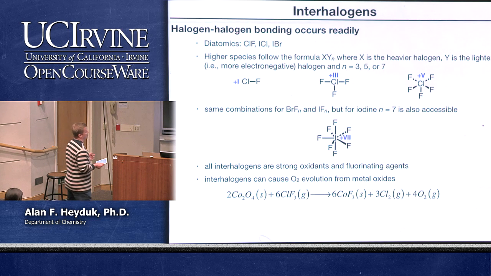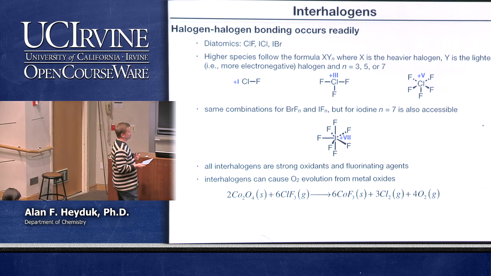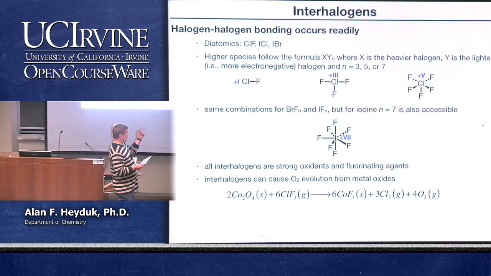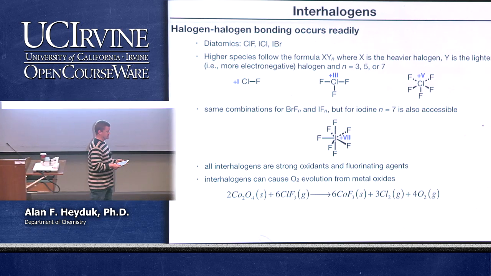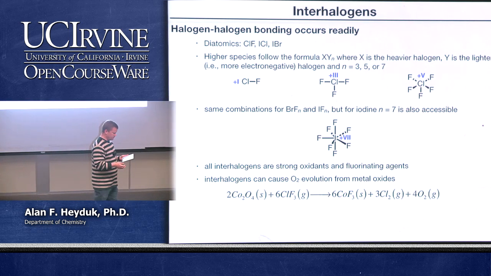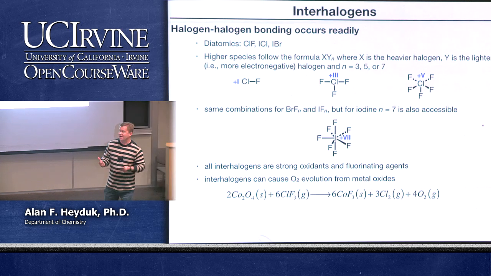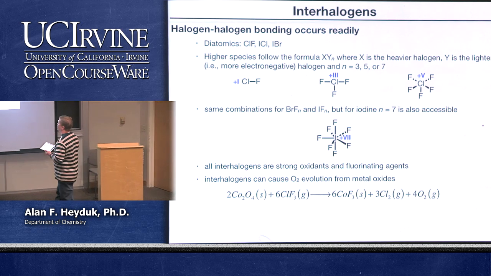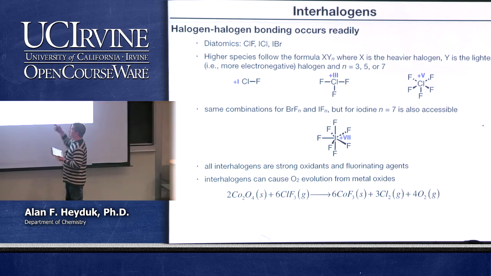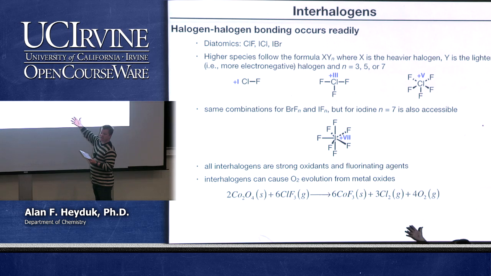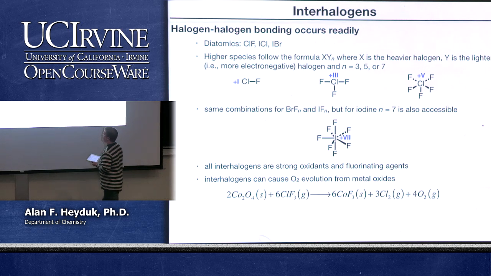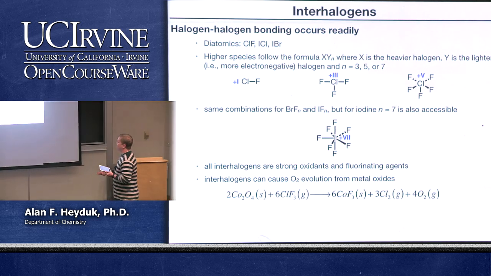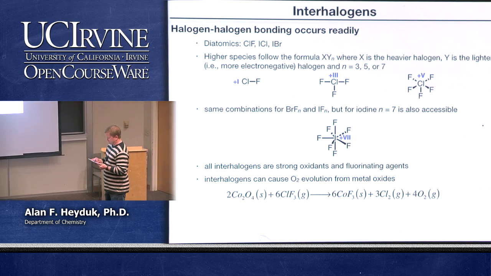You'll end up with cobalt fluoride as the cobalt-containing byproduct. You evolve 3 equivalents of chlorine gas and 4 equivalents of oxygen gas. This is some pretty nasty reaction conditions. And if you think about the fact that chlorine, right, is typically used as a reagent itself to oxidize and destroy other, basically in sanitation applications, the fact that you're producing it really is a pretty spectacular reaction.